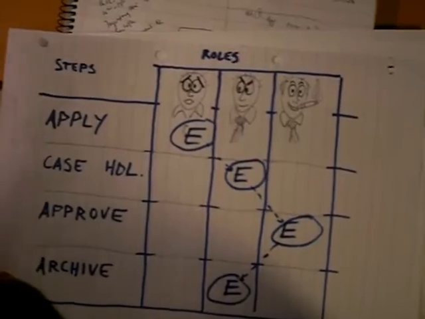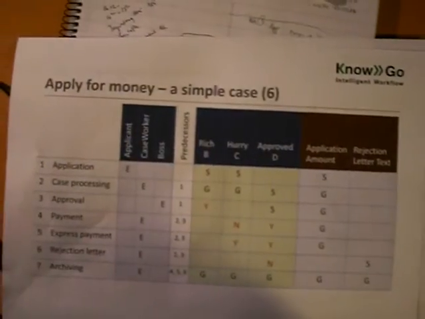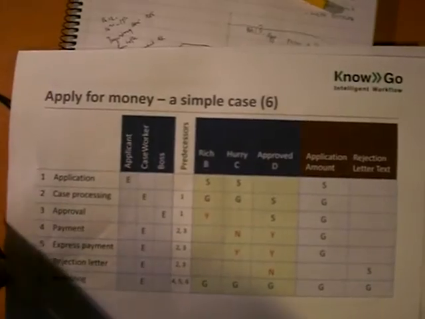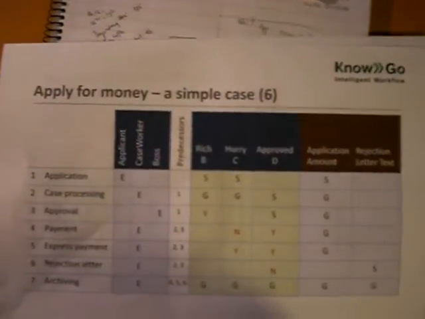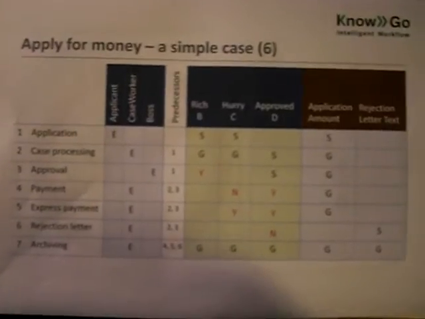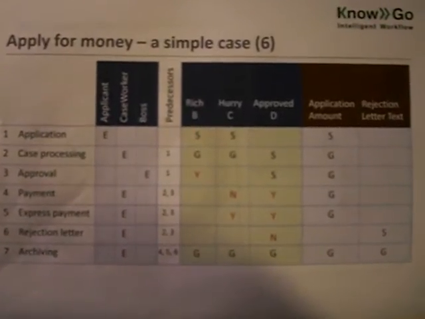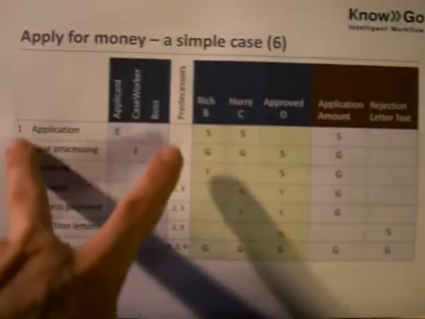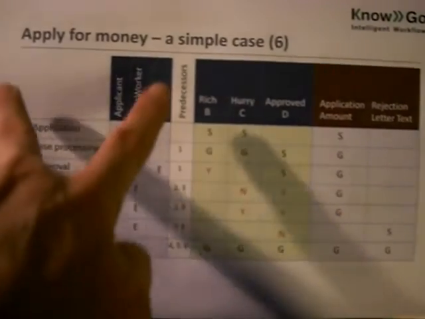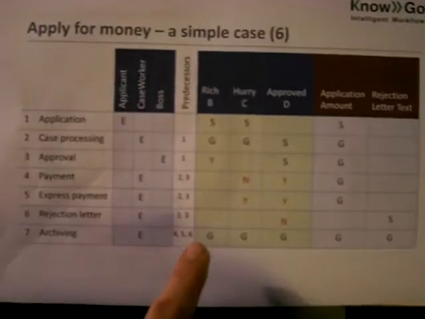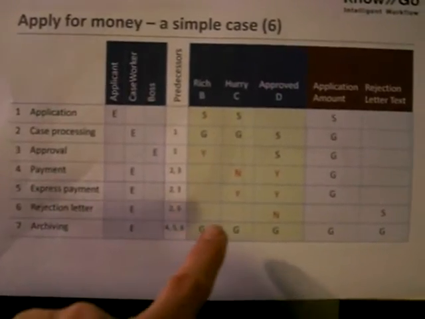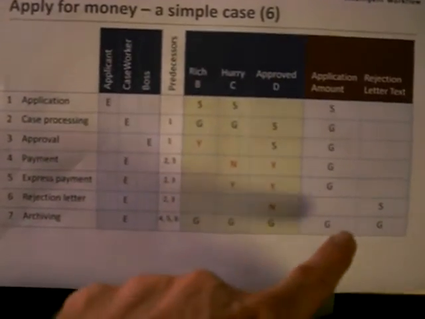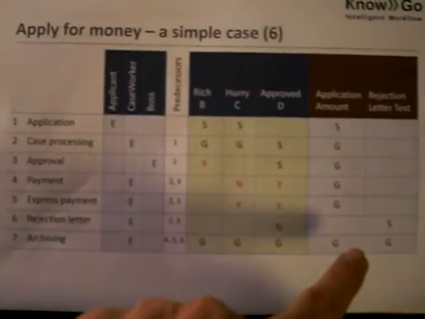The second thing that you get as a user is that you get fewer bottlenecks. Now the whole thing is coded in a matrix like this, and this is just a slightly more complex one that resembles the preceding one. In the preceding one, we only showed the role part of the process matrix. Then you add the predecessors, and you add decision variables, and you add the information elements.